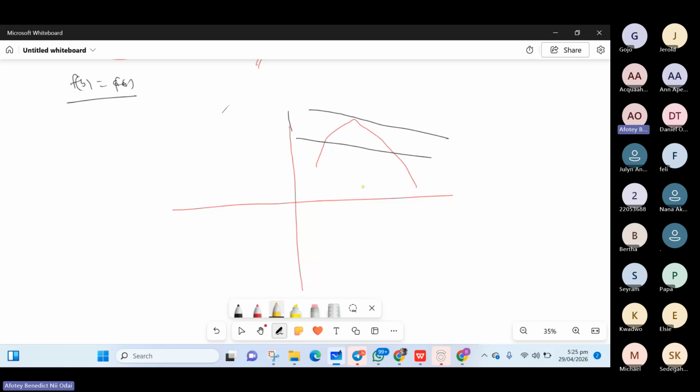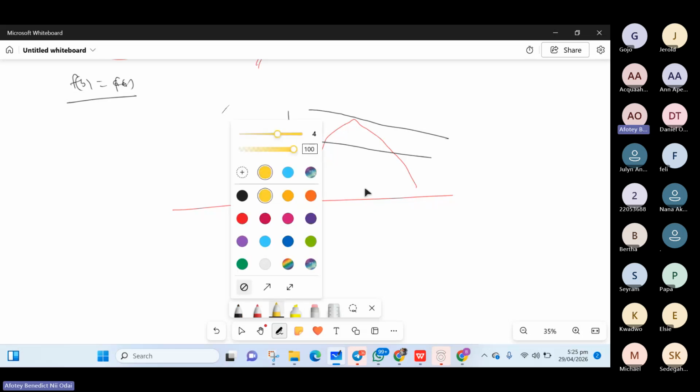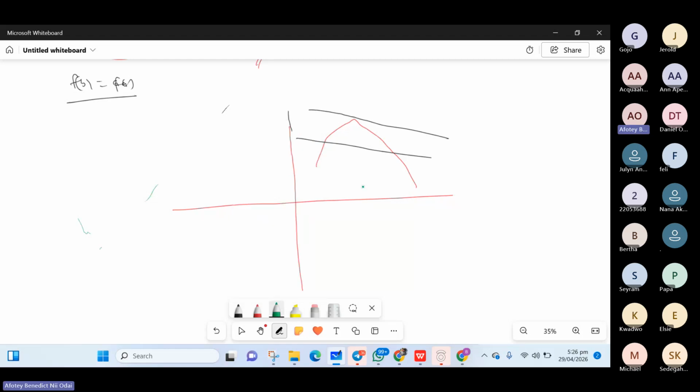Let me style my board a little bit. Let me use green. So let's map this to this and call this c. Let's map to the y-axis and call this f(c).